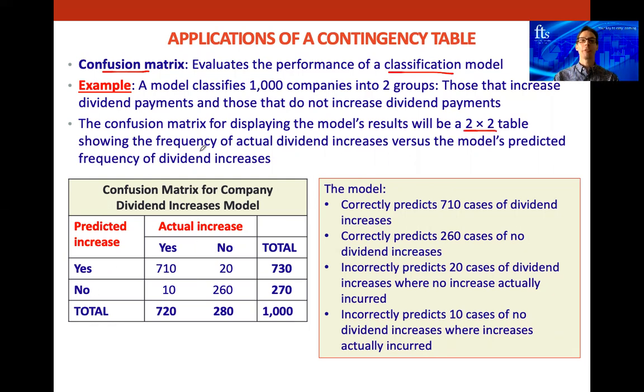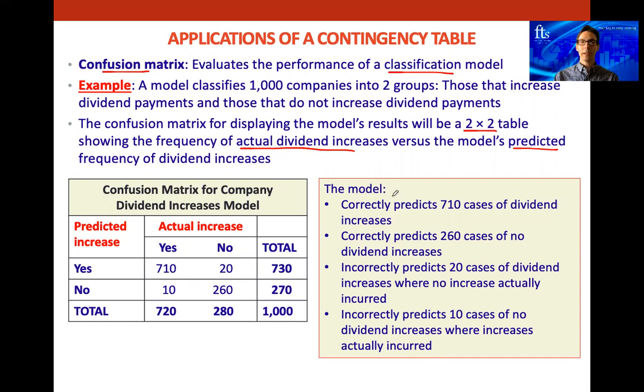And it's going to show the frequency of actual dividend increases versus the model's predicted frequency. So we've got the predicted increases over there and the actual increases over here.